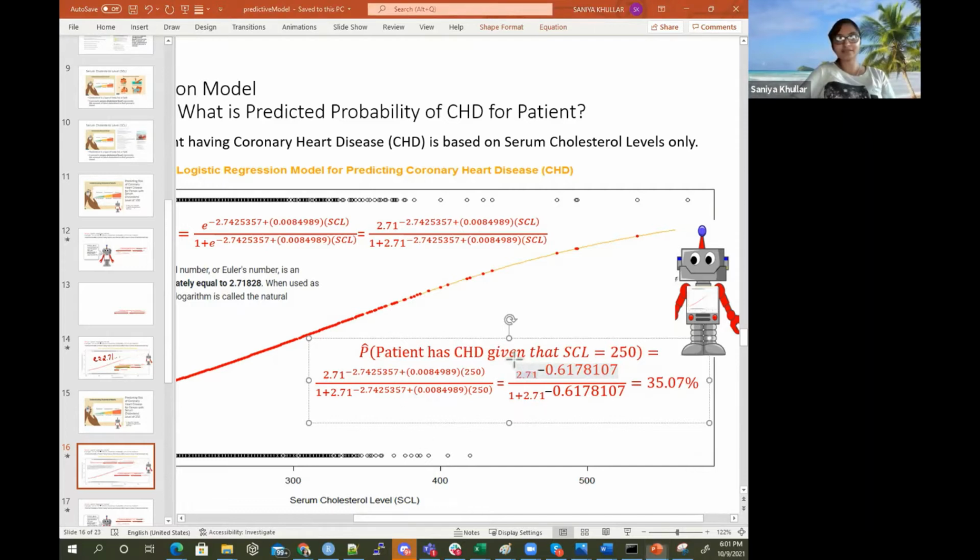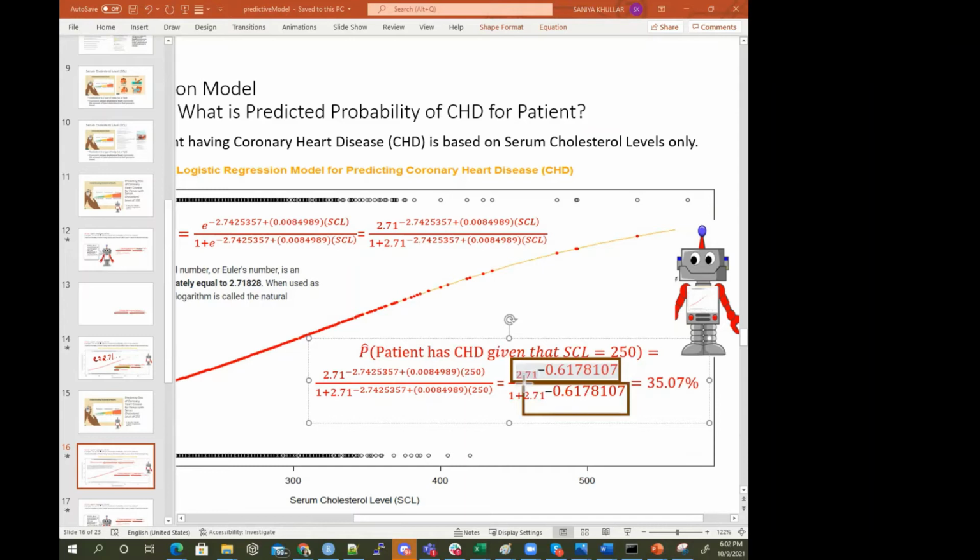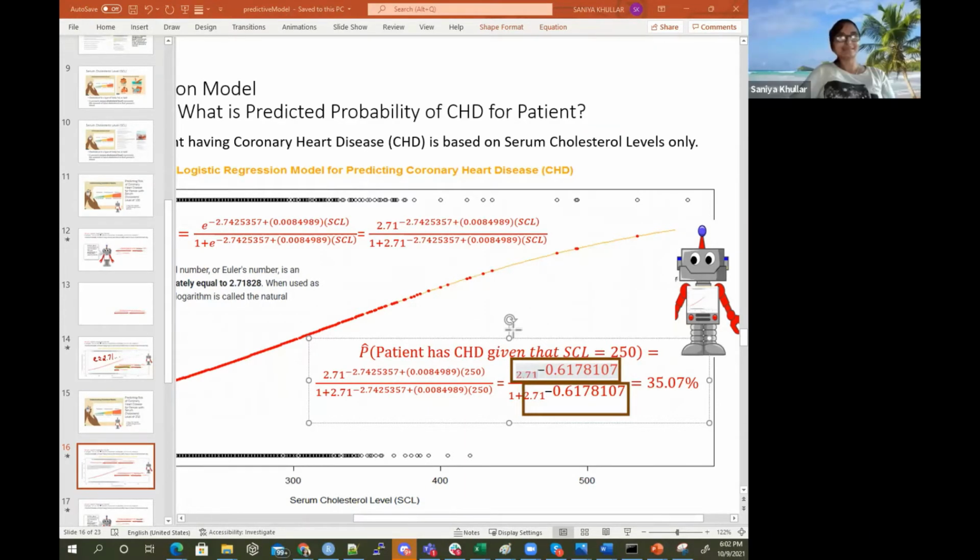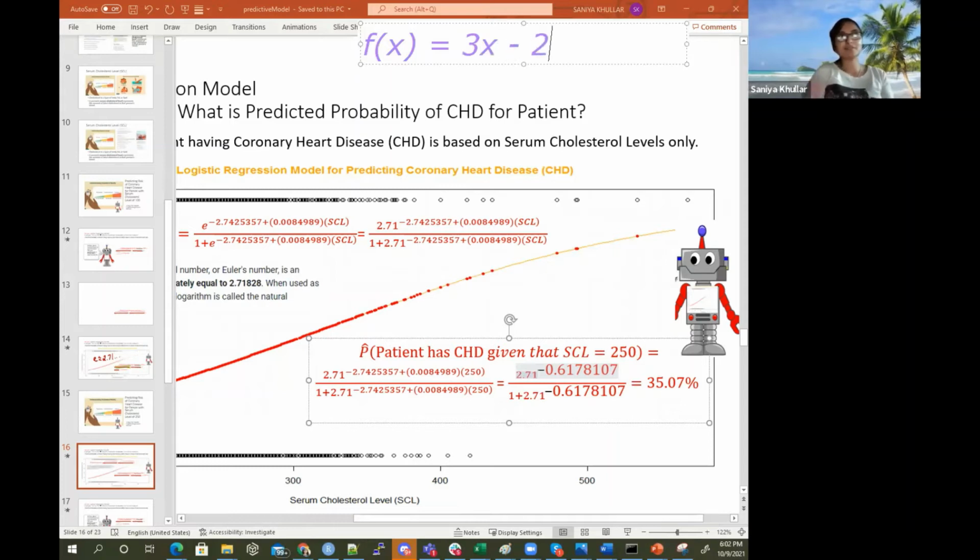Do you see that? This is pretty much the same here, except for what? 1 plus. Yes, awesome. So that's typically the way that it works. It's similar to an f of x problem, like f of x equals 3x minus 2, except here the f of x is a predicted probability.